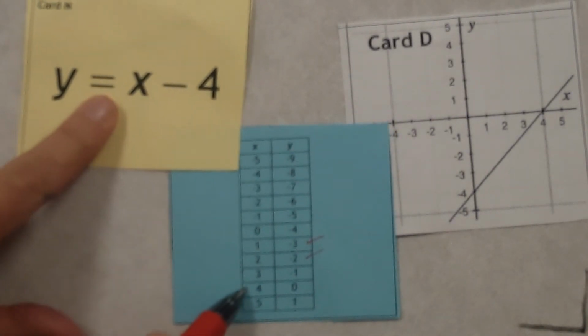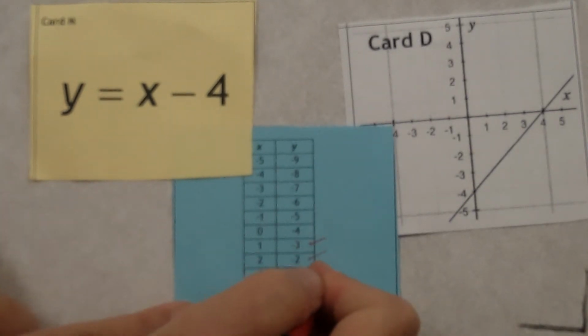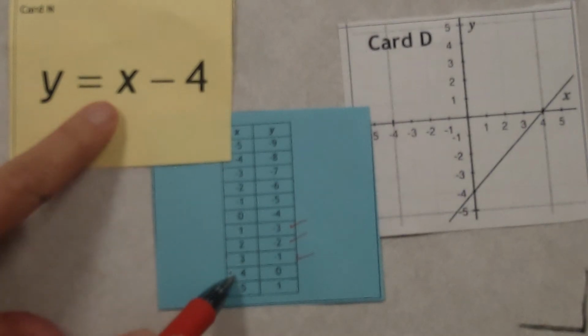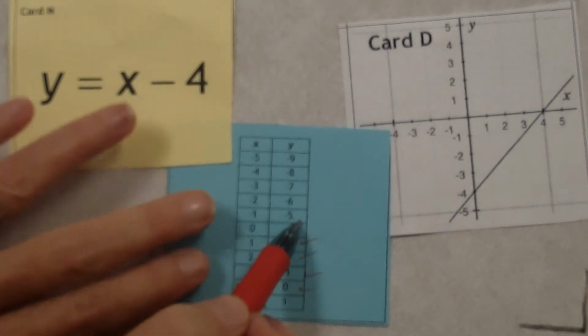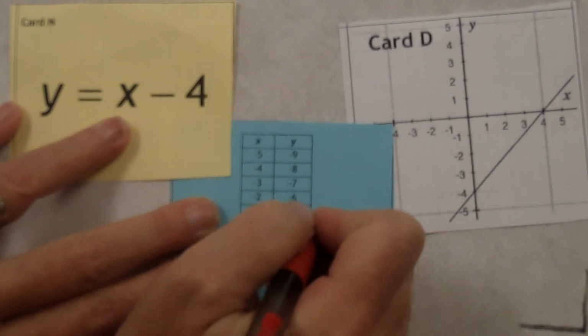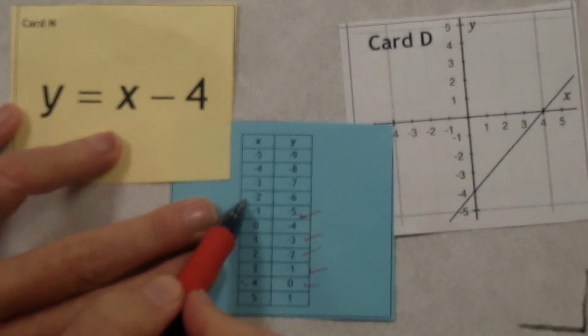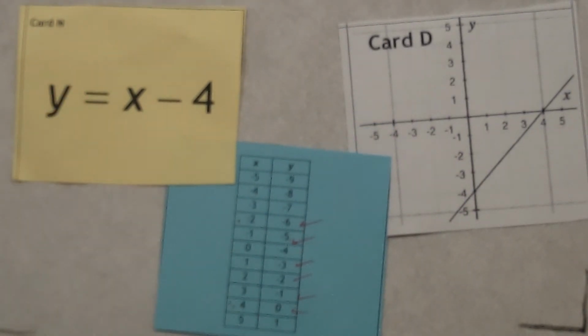Check. If I put in 3 for x, 3 minus 4 is definitely negative 1. 4 minus 4, 0. Let's check a negative 1 just to make sure. Negative 1 minus 4, definitely negative 5. Negative 2 minus 4, negative 6. I'm pretty confident that that's a match.